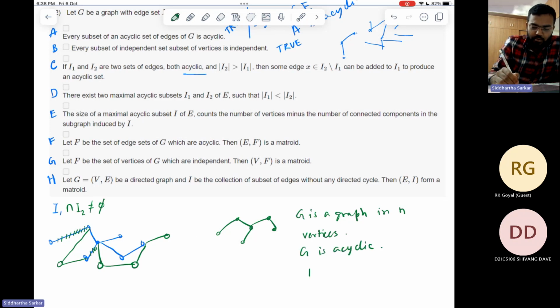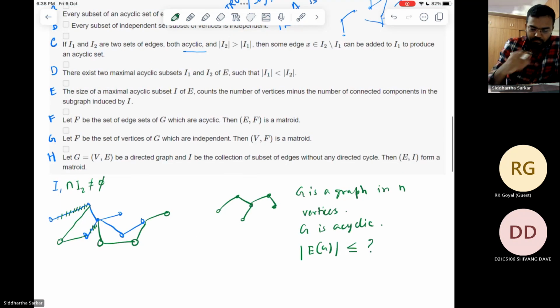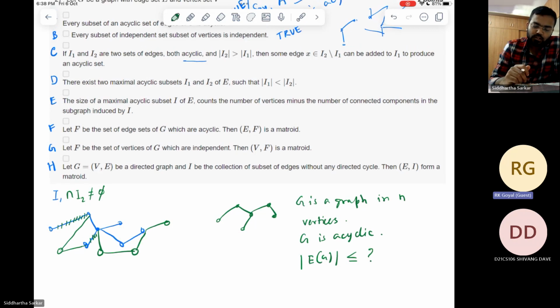Then what is the maximum number of edges in G? The number of vertices is n, so the number of edges would be n minus 1 at most. Exactly.